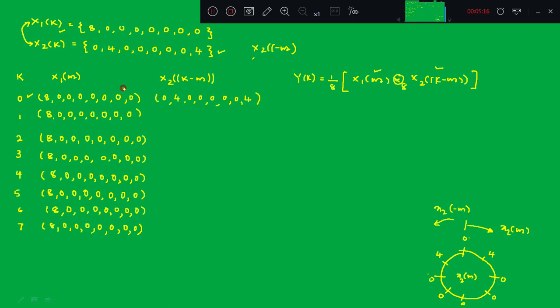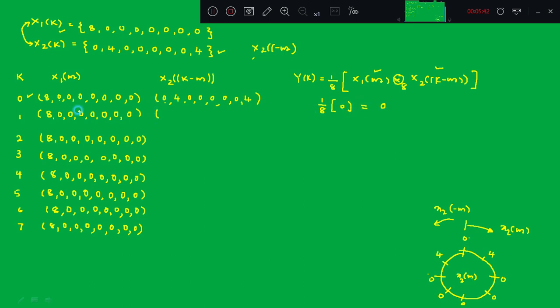So it is 1 by 8 times, see here, 8 into 0 is 0, 0 into 4 is 0, right? So all values you will get 0. You multiply sample by sample of these two sequences, you will get 0.